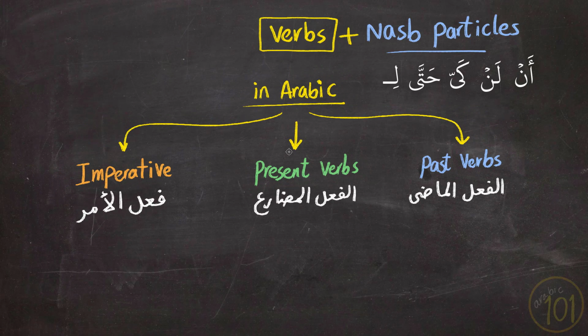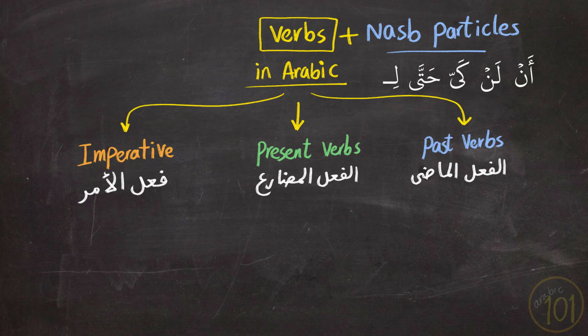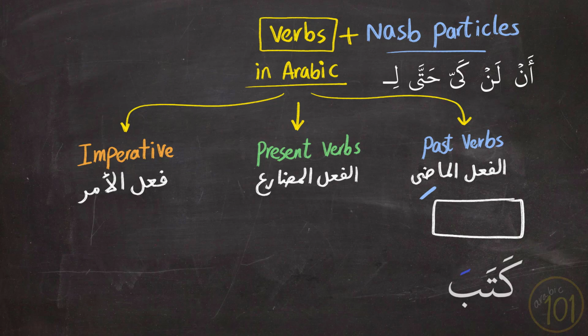Past verbs are always in Nasb state, so they always have fatha as case ending. That's why we say kataba with fatha at the end of the verb, because this verb is in the past tense. And imperative verbs are always in jazm state, which means that they always have sukoon at the end of them.